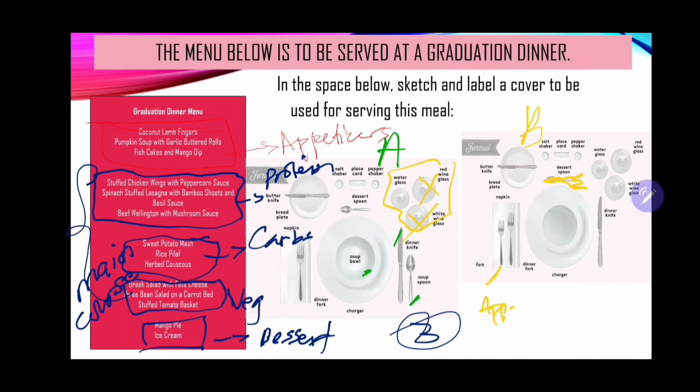Those are not really necessary at this point, but it would be nice if you have like a water glass and a juice glass there, and you can draw circles to represent what you're doing, but ensure that you label so the examiner knows exactly what you're referring to, and ensure that you understand the question.